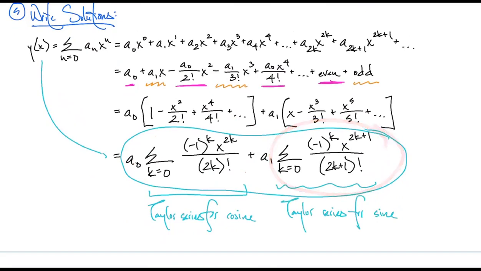And so in a much more grown-up way, we have our c sub 1 cosine x and our c sub 2 sine x.